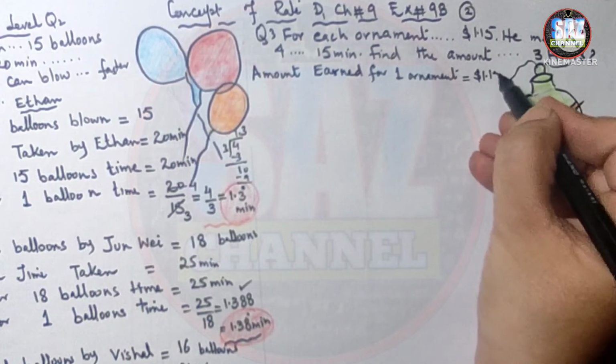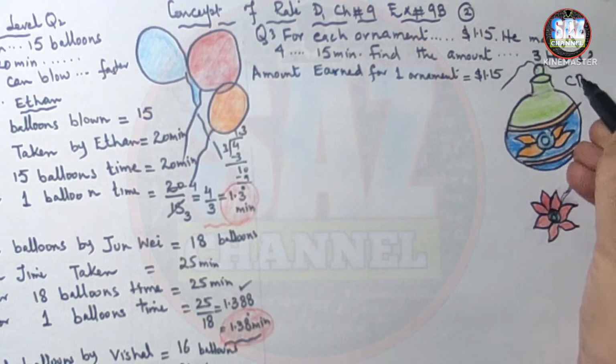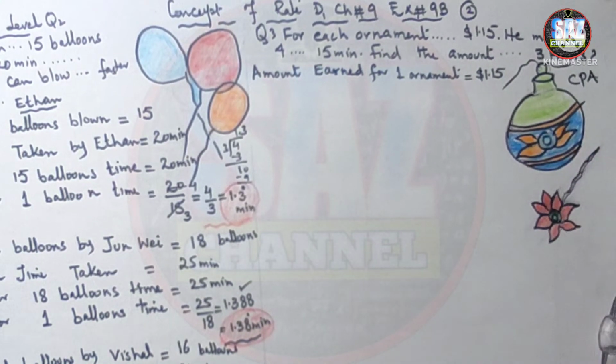$1.15. Very easy question, very interesting question, and I will try to apply the CPA approach, concrete, pictorial, and abstract, because this is one of the most important questions of your O-level examination.